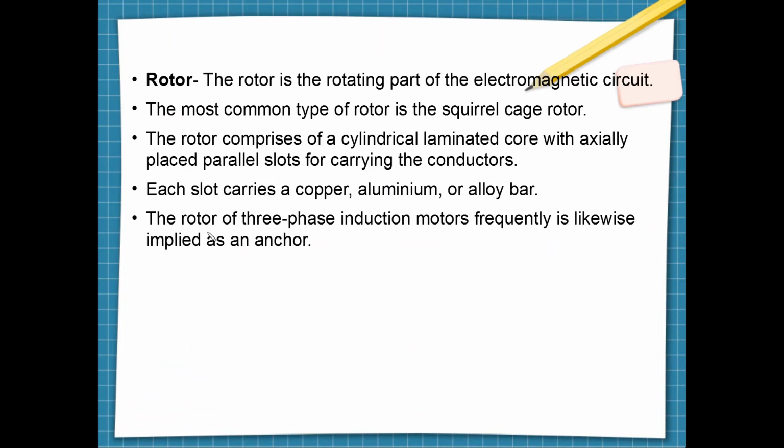The rotor of three-phase induction motors frequently is likewise employed as an anchor. Its shape looks like an anchor if you centrally see it, like it is the center. It will look like something like this. It is the anchor shape, hence we call it an anchor.